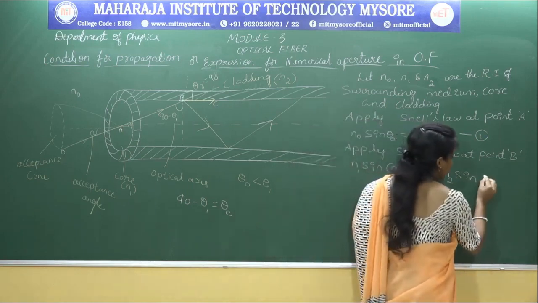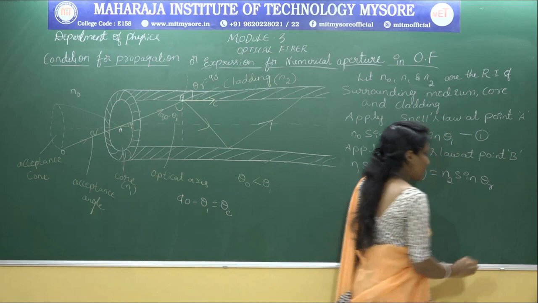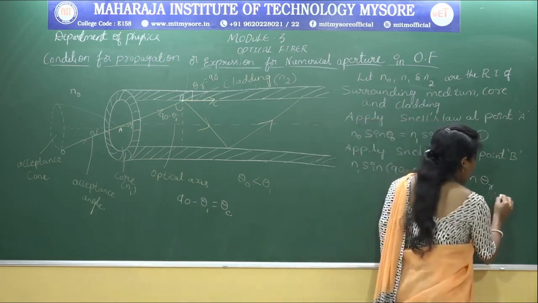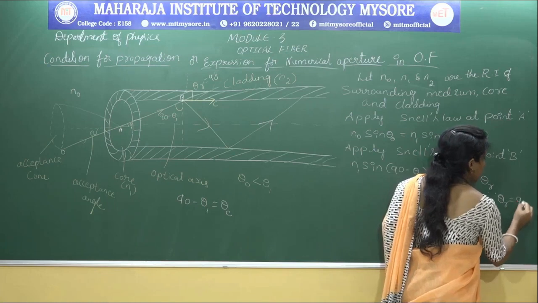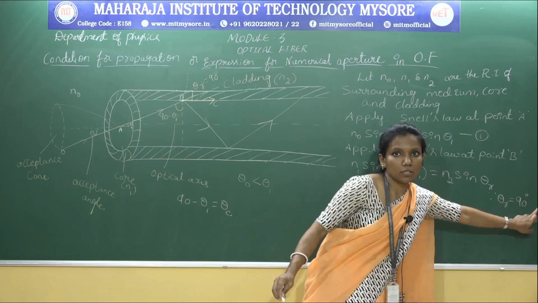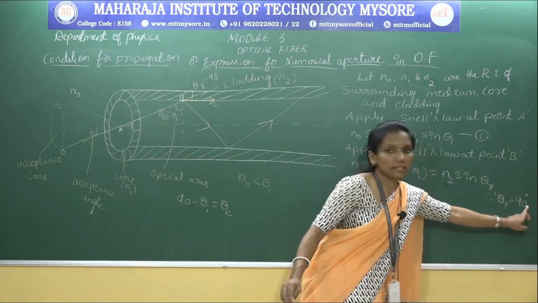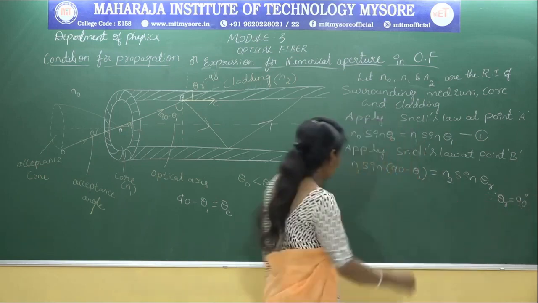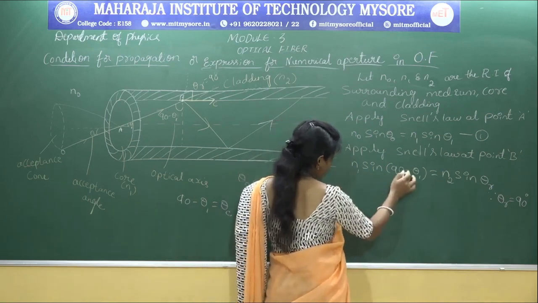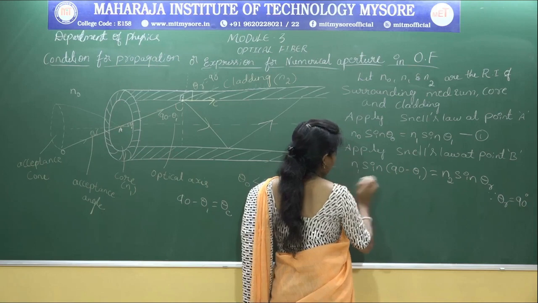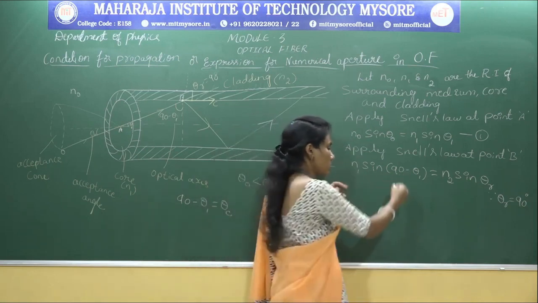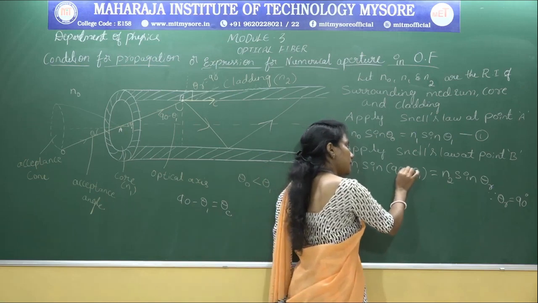With the angle of refraction theta r at that point equal to 90 degrees, we get n1 sin of 90 minus theta 1 equals n2 sin theta r.